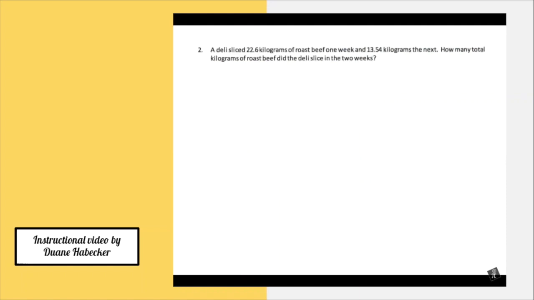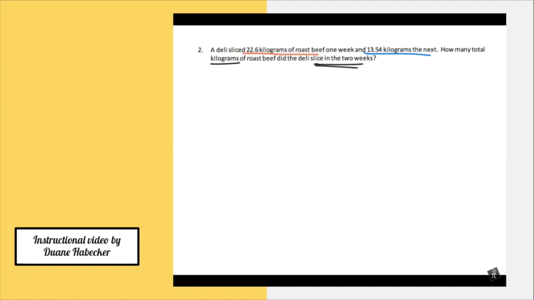Now here, a deli sliced 22.6 kilograms of roast beef 1 week and 13.54 kilograms the next week. How many total kilograms of roast beef did they slice in the 2 weeks?